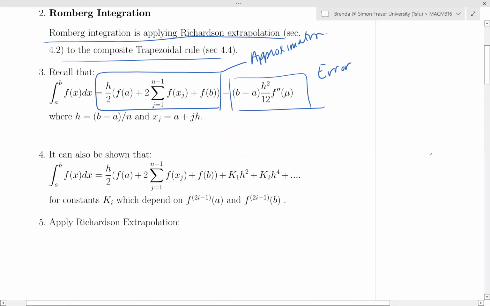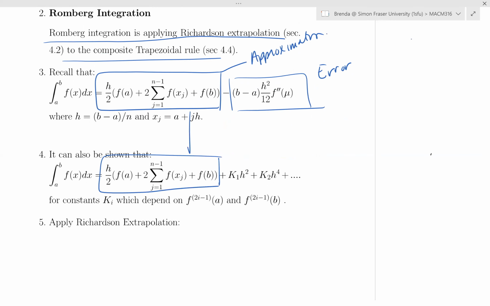We're not going to do this, but it is possible, leaving this thing alone, this is still the approximation here, to show that this type of error is of this form. So it's not that the error has changed, it's just that I can take this and show that the error is of this form.